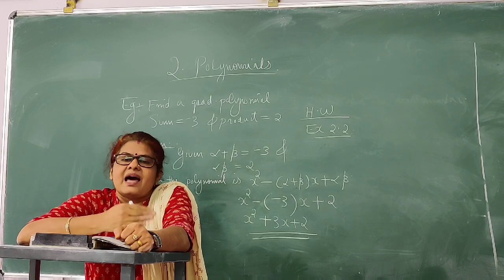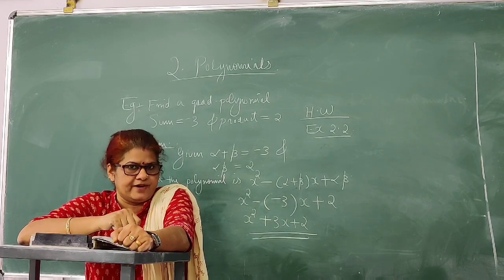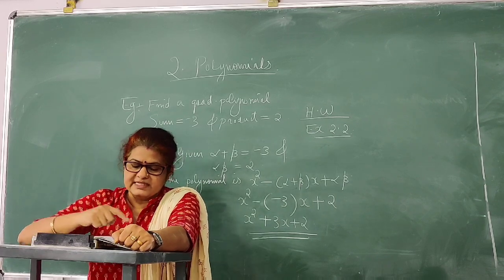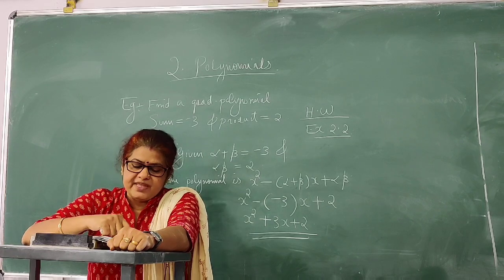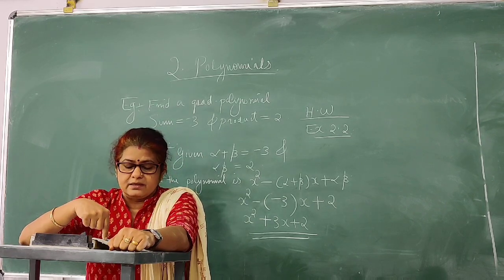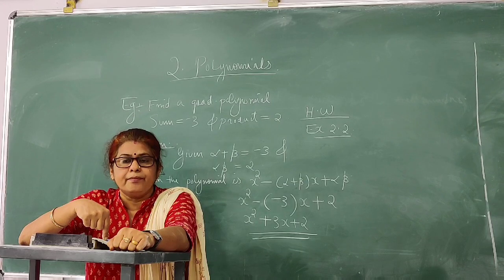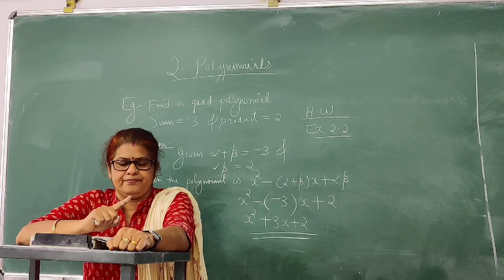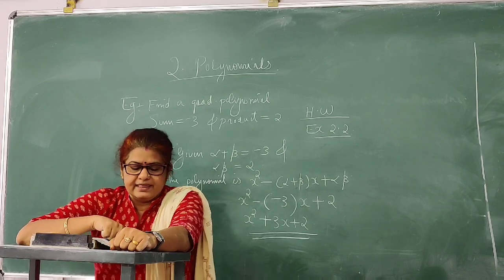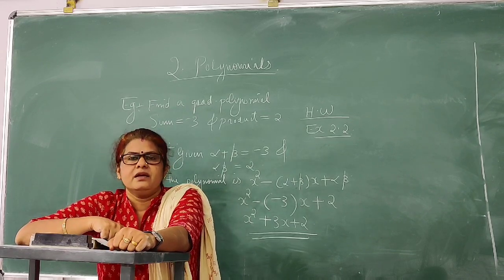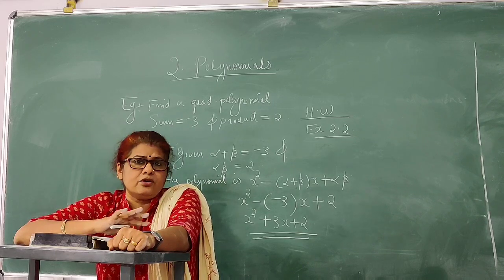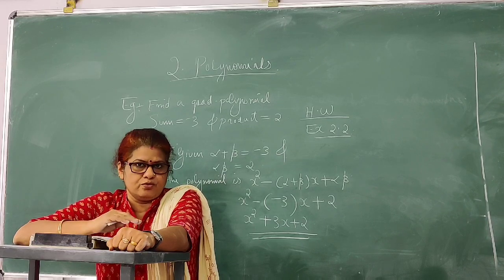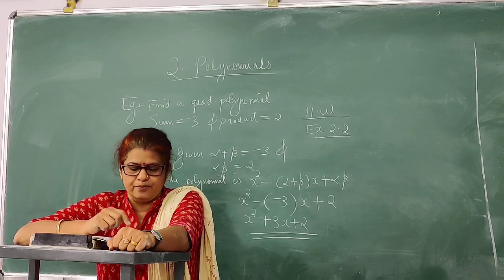In exercise 2.1 you just observe, that is just a knowledge level question. You just observe the graphs given in exercise 2.1. There are 6 questions given. You see these graphs and in each of them, at how many points the graph cuts the x-axis only. For example, I'll just say the first question. With this video, you take your NCERT textbook also with you while you watch this video.